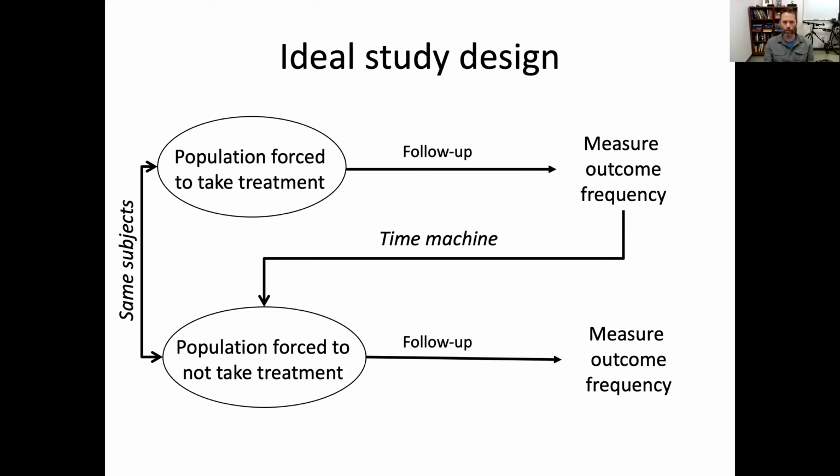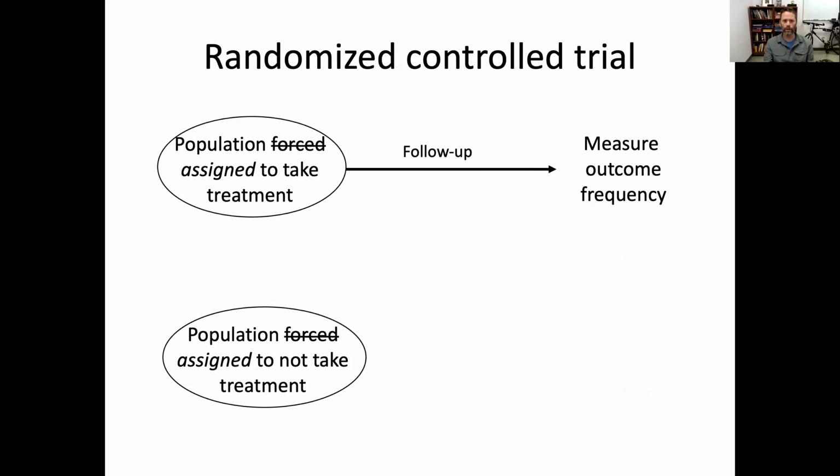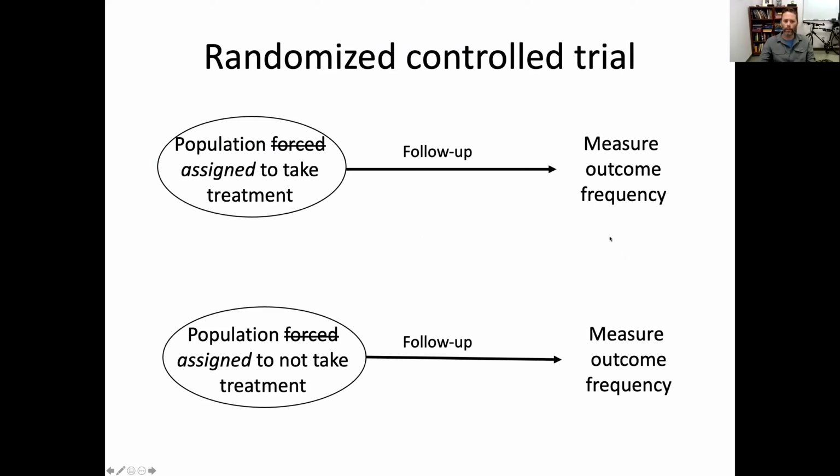So instead, what we do is rely on randomized control trials, where we take a population, we randomly split it into two groups. One group is assigned to take the treatment, and we follow them forward, and the other group is assigned not to take the treatment, and we follow them forward. So what this does for us is that it balances important characteristics between these two groups.